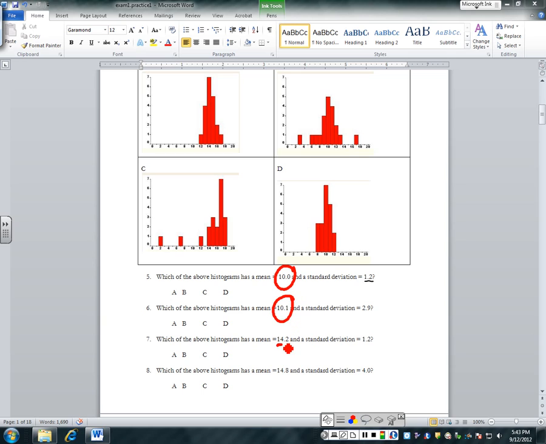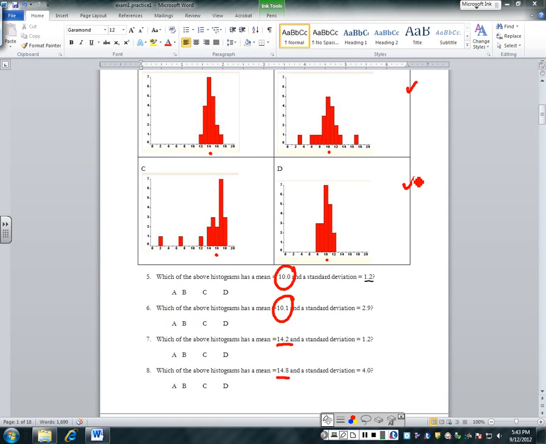I want you to notice that 2 of the means are around 10 and 2 of the means are around 14. Well, clearly this is going to be one that's around 14, and so is this. And this is around 10, it's the middle, and this is around 10. So the 2 over here are going to have means of around 10.